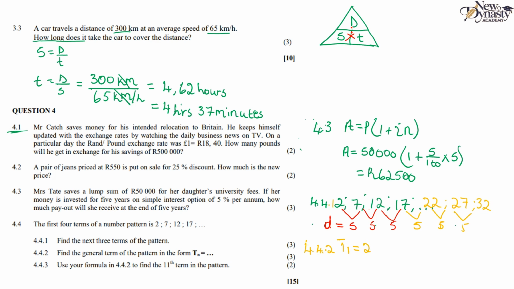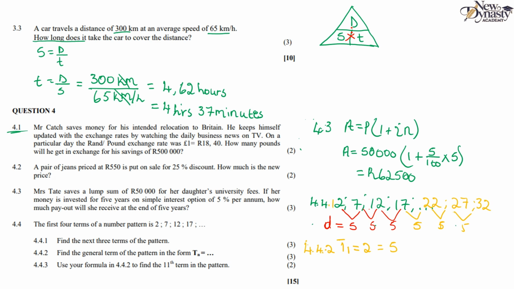And how do you get these 2? If you go back, starting from 7, going back to 2, what are you going to do to get 2? If you've got 7 and you want to get 2, you subtract 5. Do we agree? So 5 is the difference. You say 5 here, we want to get 2 as the first term.